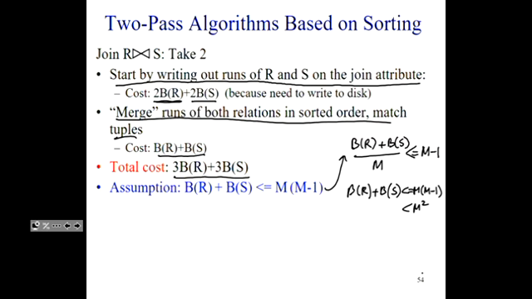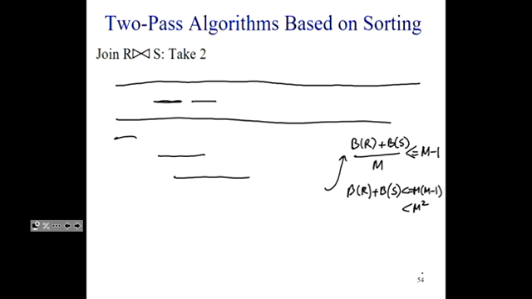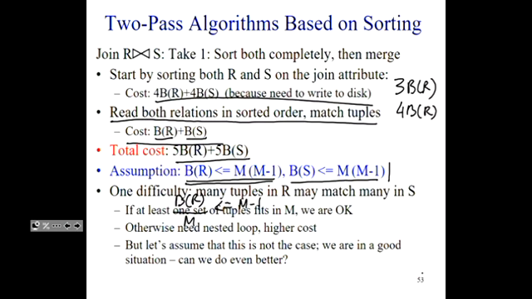Yep. So I still don't understand how this way is different from the past. Okay, so in the last way I was doing something stupid, which is to completely sort. I read groups of M blocks in, sort them, and write those groups of M blocks out.